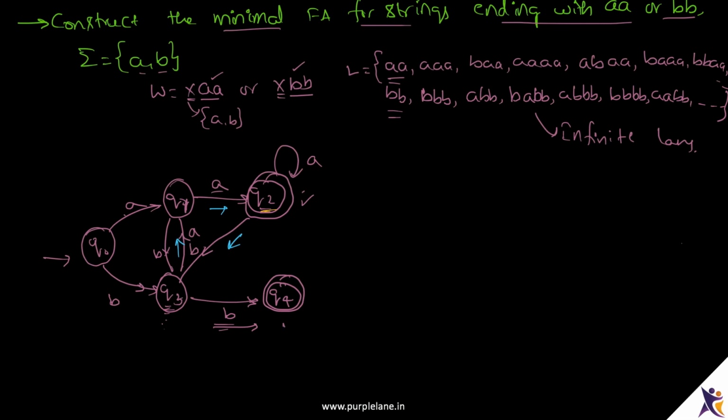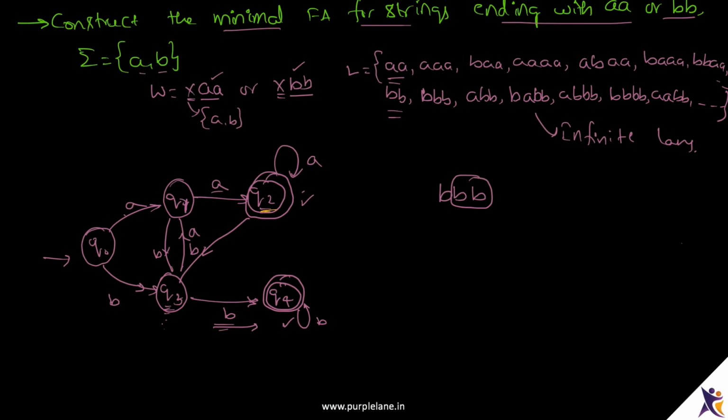Now coming to Q4. Q4 does not have a transition over A or over B. How did we reach Q4? We reached Q4 by seeing BB. So similar to Q2, on seeing B from Q4, we will be in this state only because this string is ending with BB.